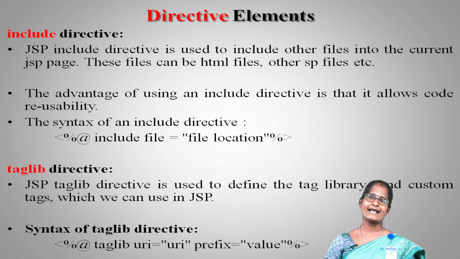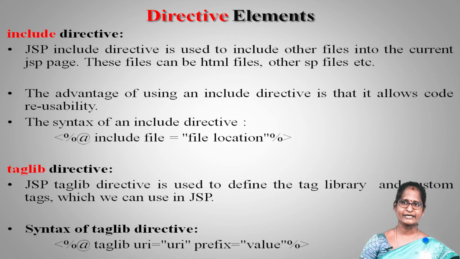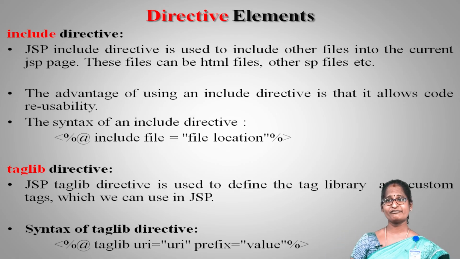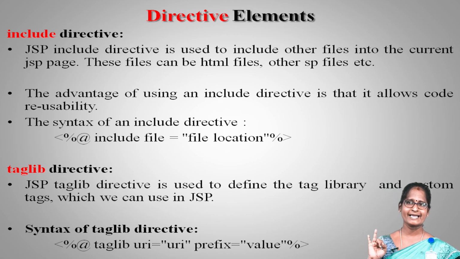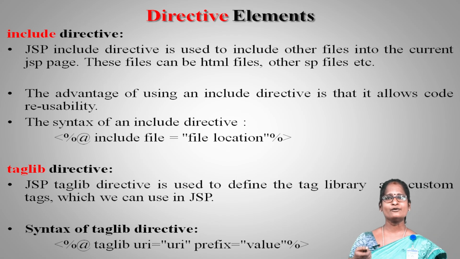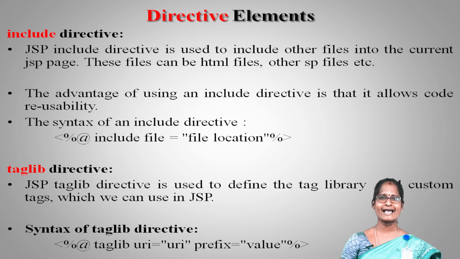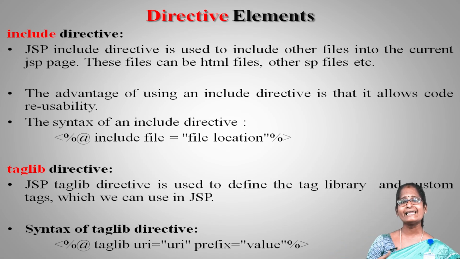Then the include directive. The JSP include directive is used to include other files into the current JSP page. These files can be HTML files, other JSP files, etc. The advantage of using the include directive is that it allows code reusability.